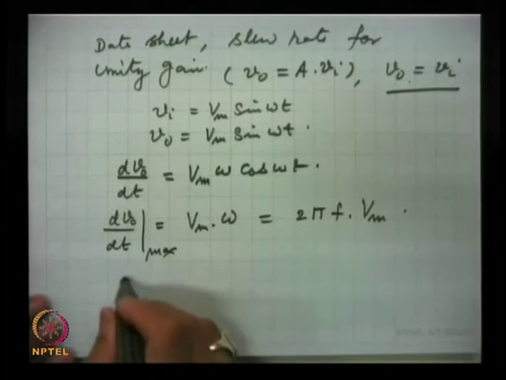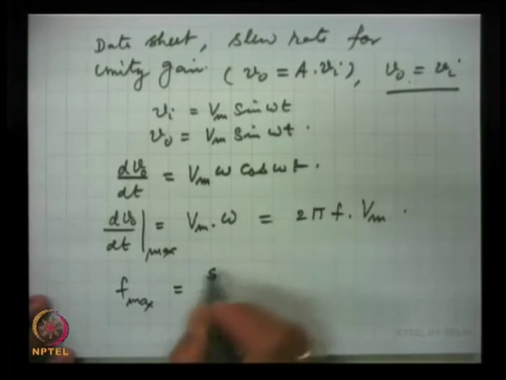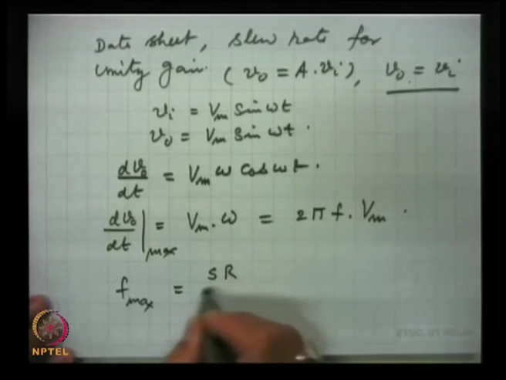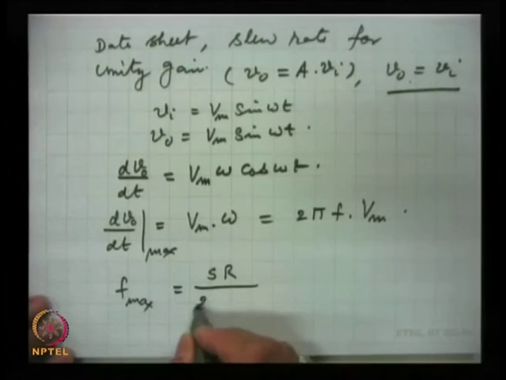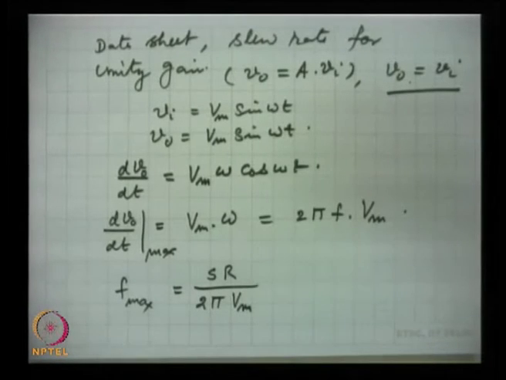So, f max comes out to be slew rate by 2 pi Vm, where SR is the slew rate.